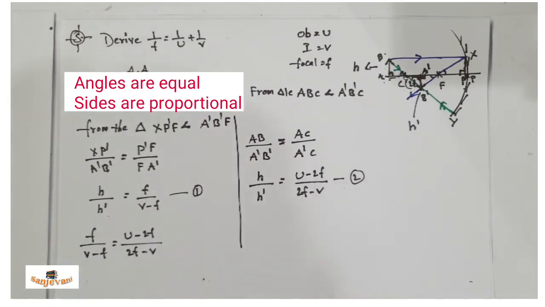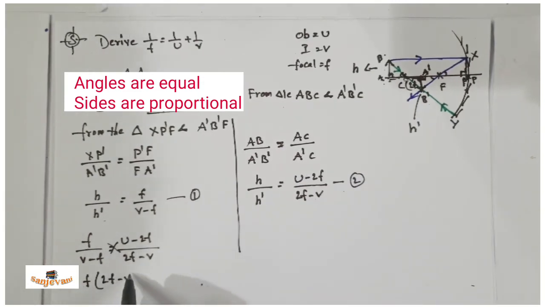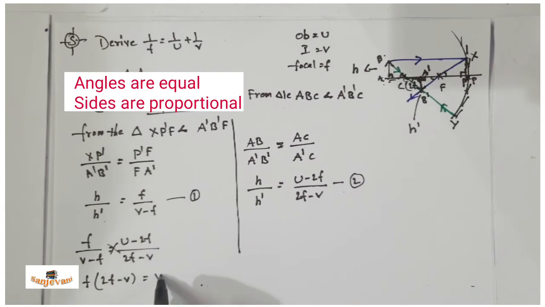Is it clear? Now I am going to do cross multiplication. What am I going to get? f into 2f minus v, that is equal to v minus f into u minus 2f.